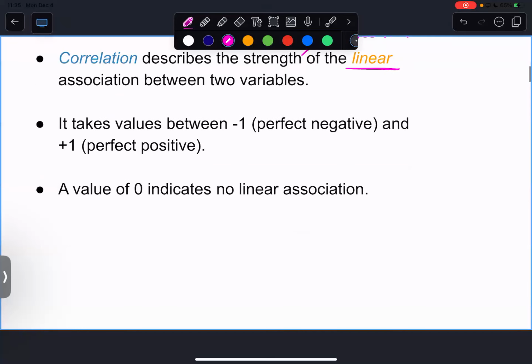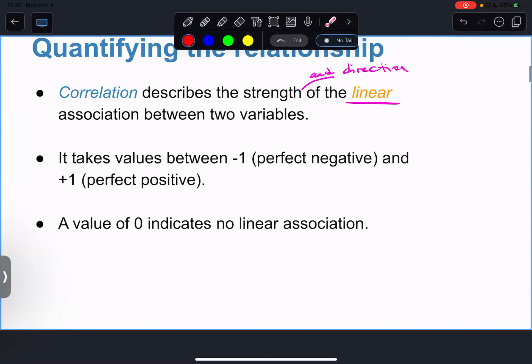The correlation is denoted by a lowercase r, or sometimes a capital R. I tend to use a lowercase r, although I think the textbook uses a capital R, which is confusing, but I just can't shake it.